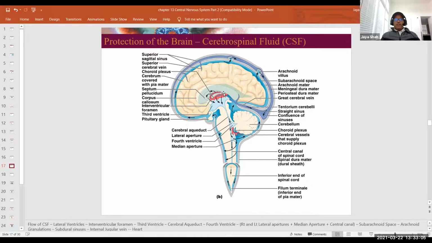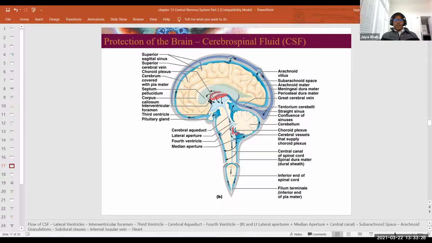Okay, so CSF can be produced in the lateral ventricle, which you cannot see in this diagram, then in the third ventricle, and in the wall of the fourth ventricle. Choroid plexuses are blood vessels covered by ependymal cells.